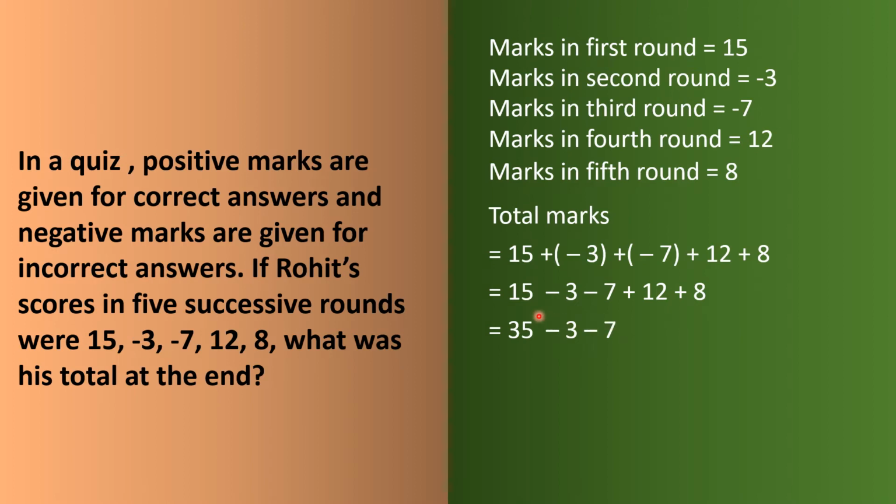Now let us add all positive integers first: 15 plus 12 plus 8 is 35, and -3 -7. When we need to add two negative integers, we add them and put the negative sign there. So here 35 minus 10. Now it is very easy, just a subtraction, and it equals 25. So his total at the end was 25 marks.